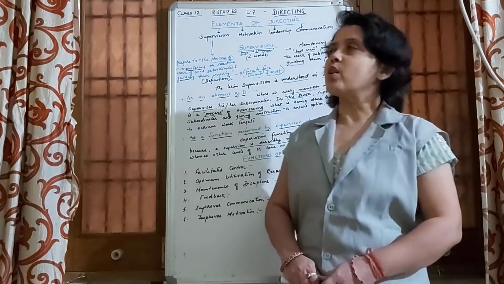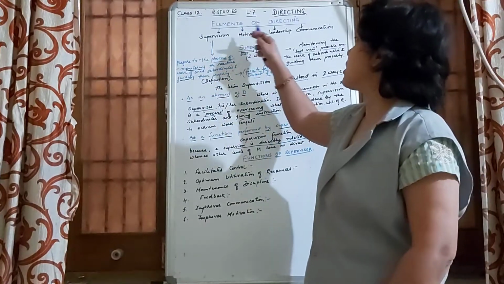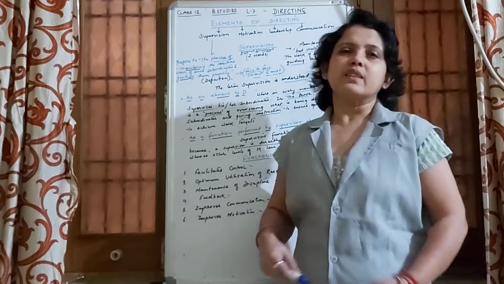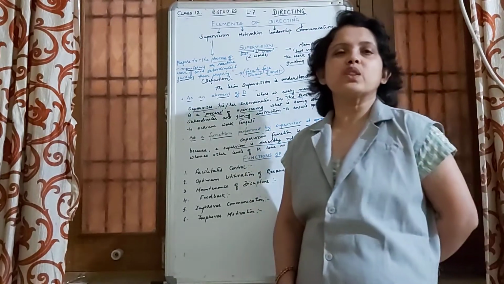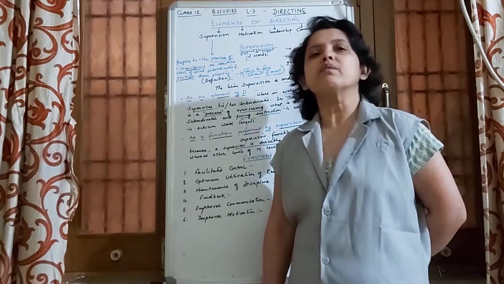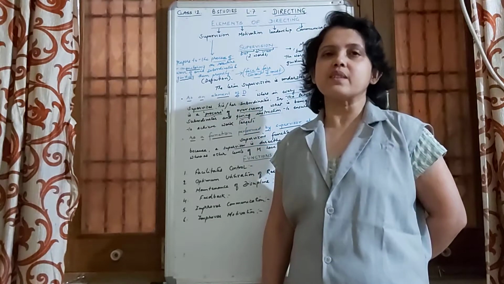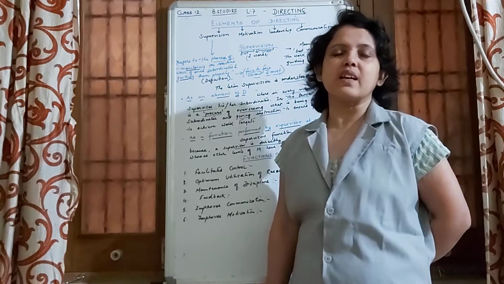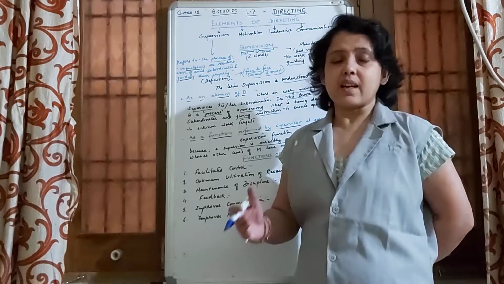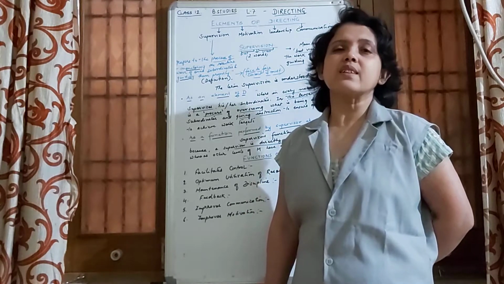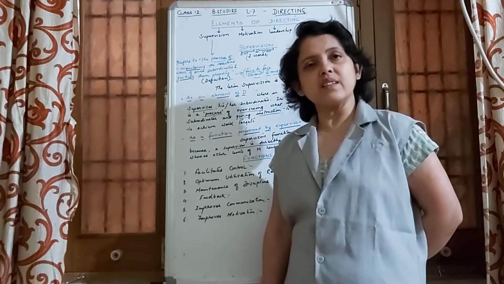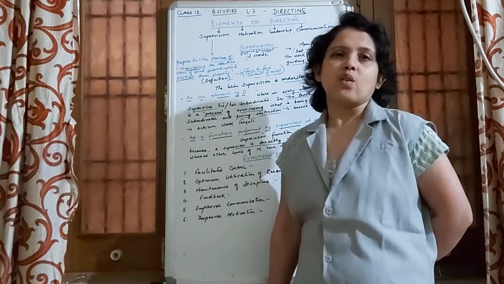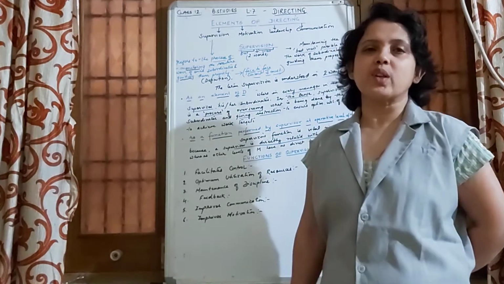So today we will be talking about the elements of directing. In directing, we have learned that there are different ways through which direction can be given by the managers in the organization, and those can be considered as the elements: understanding the situation, understanding the circumstances, understanding the needs and expectations of the employees working in the organization.